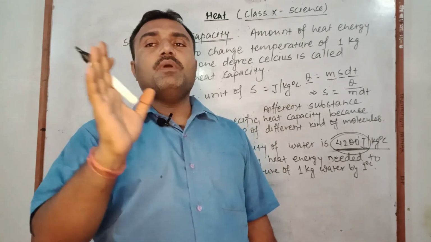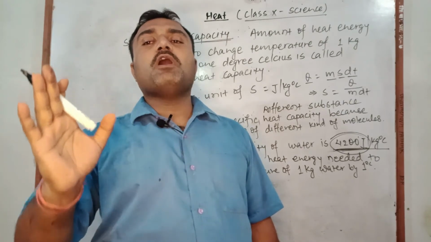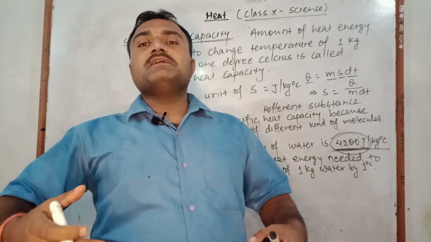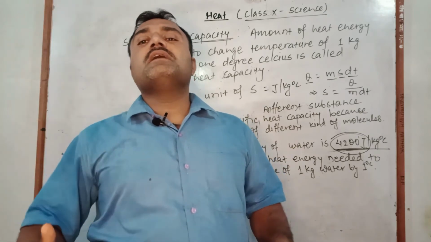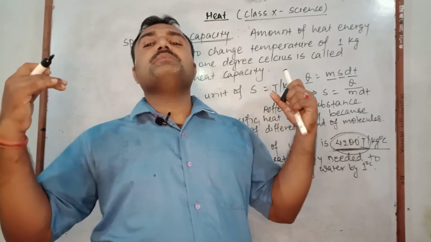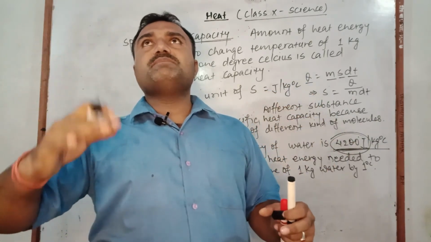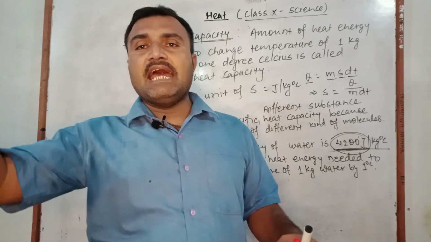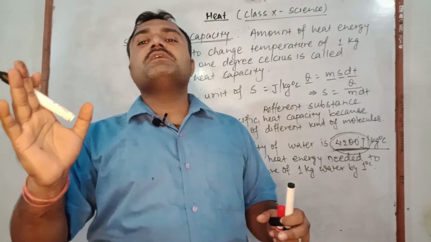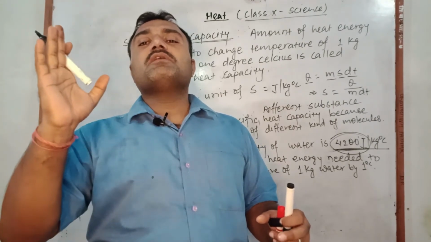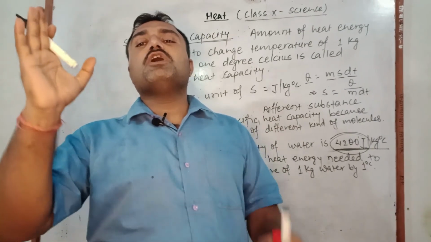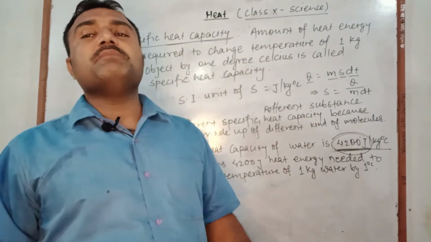It means when the specific heat capacity of an object is low, then more change in temperature takes place due to absorption of heat energy. When the specific heat capacity is high, then less change in temperature takes place, even with absorption of more heat energy.